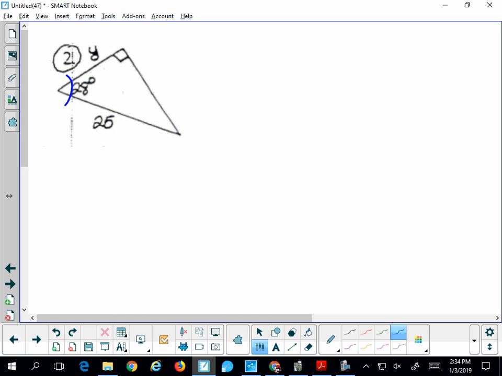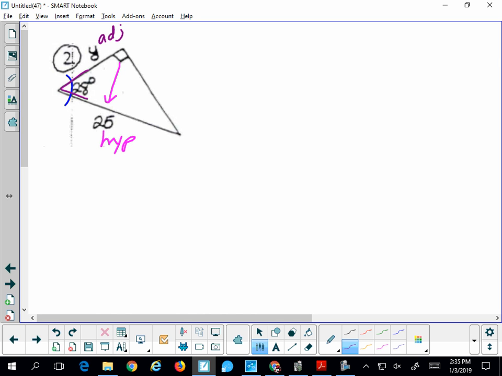The easiest one to identify on this one is across from your 90-degree angle, which is always the hypotenuse. Our y is touching our angle, so it's got to be our adjacent side.